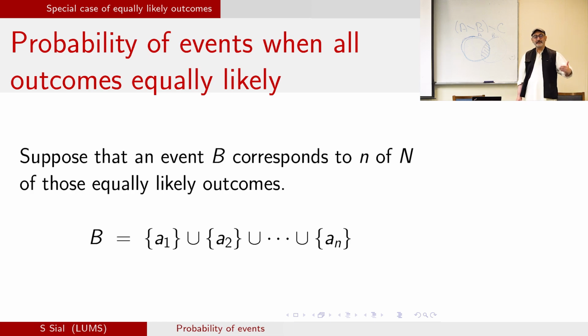Okay? So what's the probability of B? Well, the probability of B is the probability of this set plus the probability of that set, and so on up to the probability of that set, minus the probability of the intersections, which is empty. And we know what the probability of each one of those is. It's 1 over capital N.